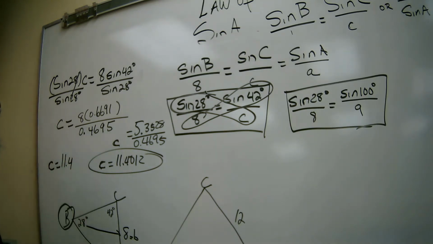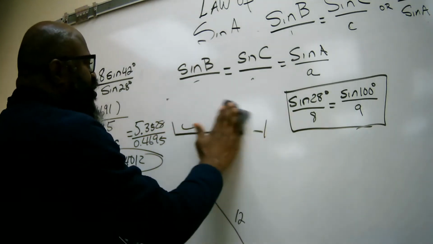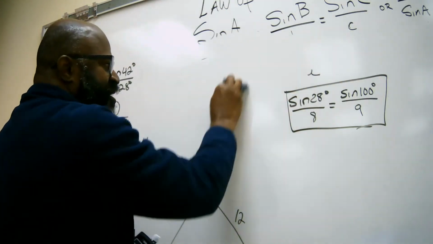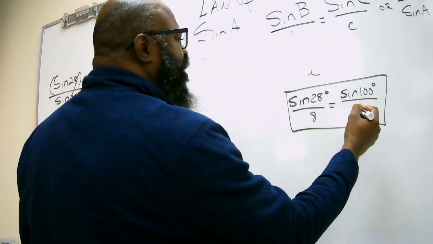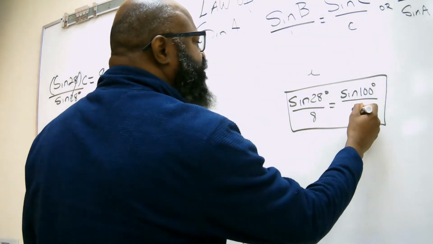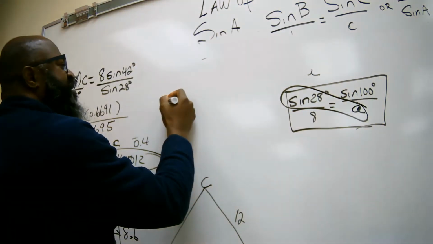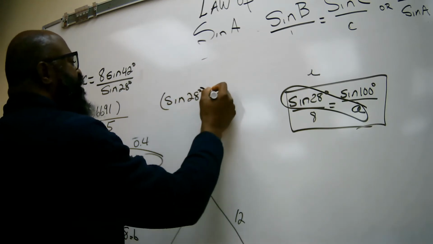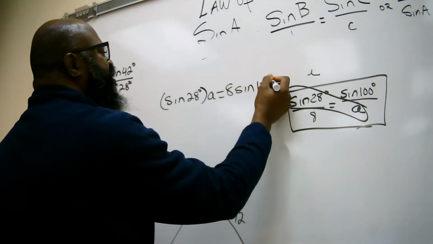Right? That's the first one. The second one, you come here again, you solve for that, you do cross multiply. When you do your cross multiply, you end up with sine of 28 times a is equal to 8 sine of 100.